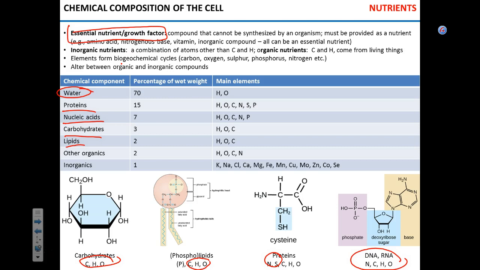Does that make sense to you? Say you have a bacterium that cannot synthesize the amino acid tryptophan. You have to provide tryptophan in the growth medium. Am I clear? Or you have a bacterium that cannot synthesize vitamin B1.